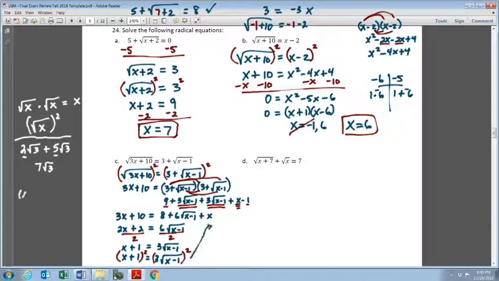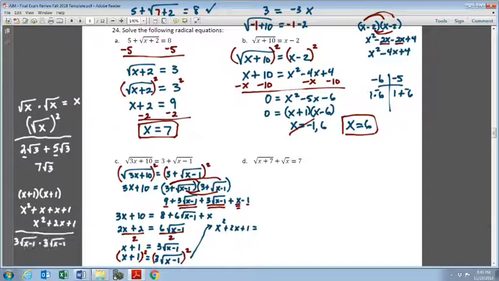Of course, on the left, we're going to have to multiply (x plus 1) times (x plus 1). So we're going to get x squared plus 2x plus 1 when we do that. All we're doing is FOILing there. And then on the other side, we're going to multiply 3 square root of x minus 1 times itself.